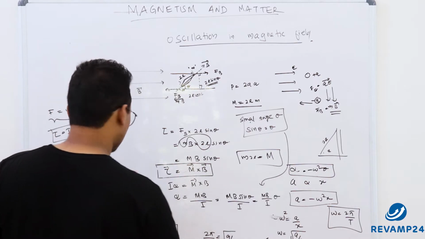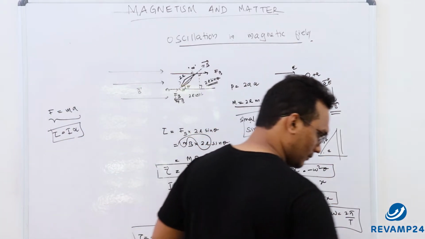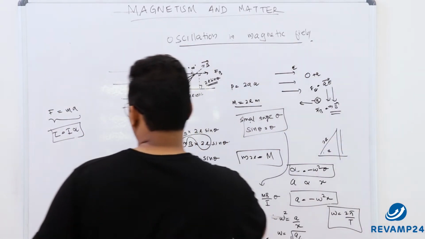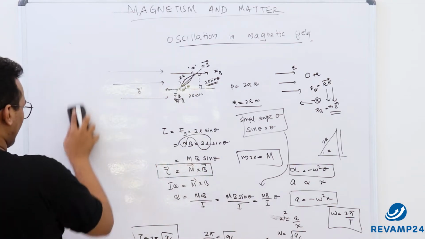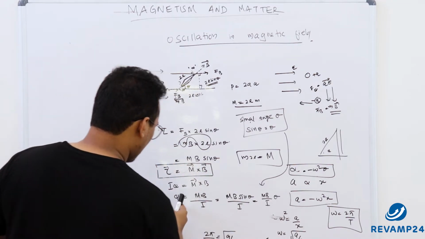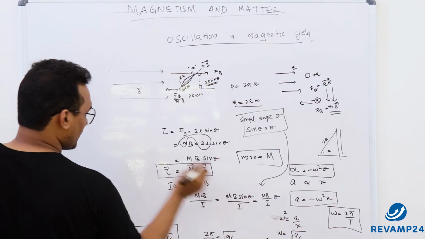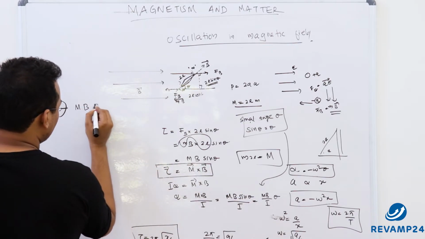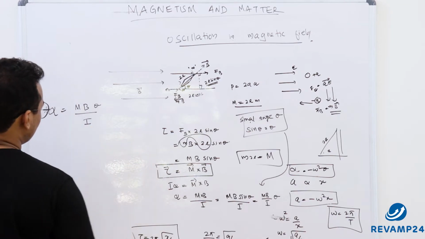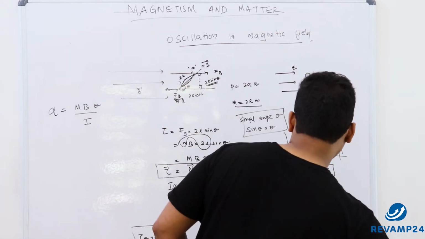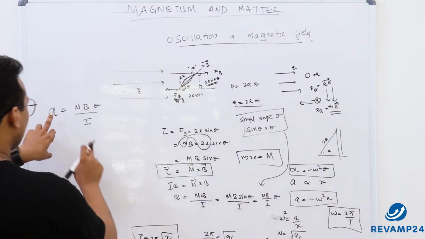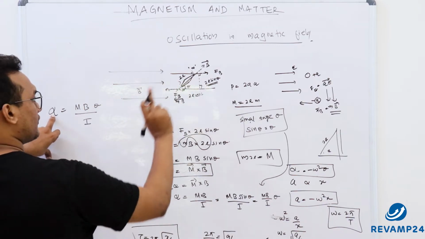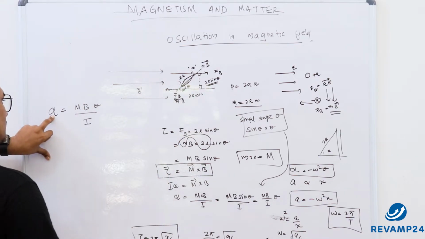Now see this equation here. See, alpha is equal to mb theta by I. See, we have proved the case. Why? We know moment of inertia of a specimen, that is constant.